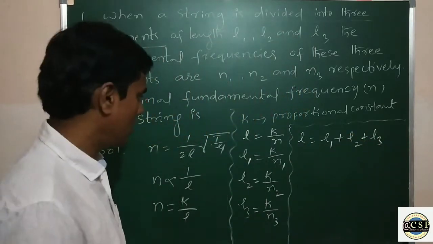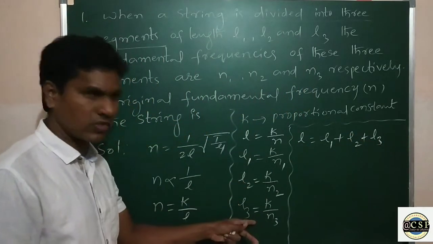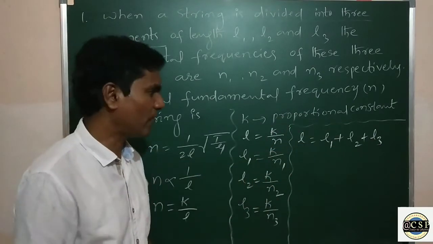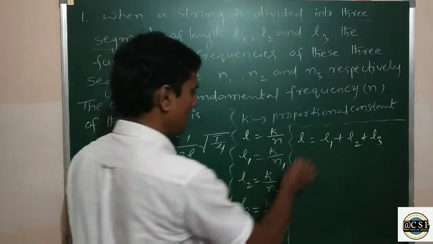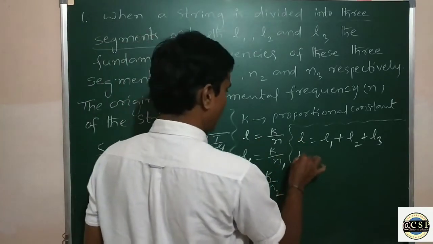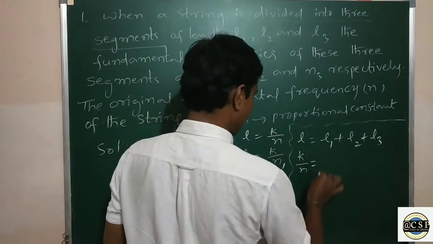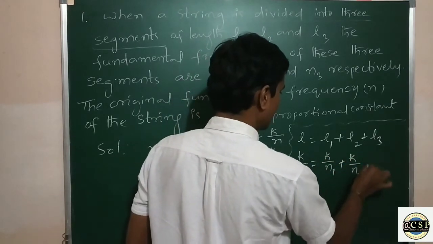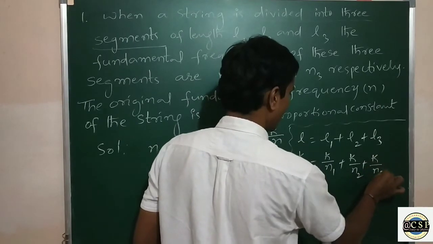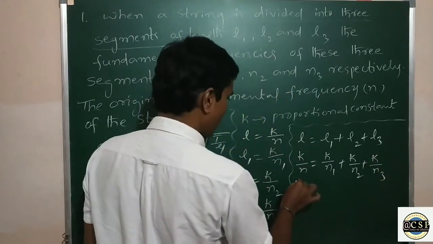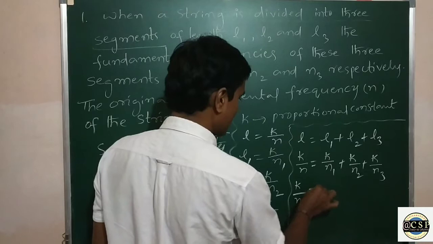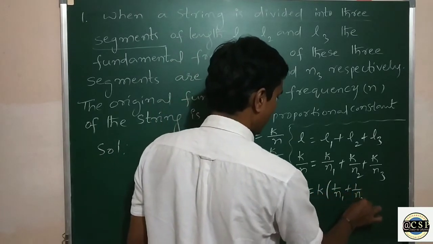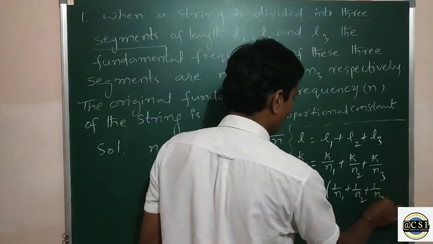We substitute these three formulas in the place of L1, L2 and L3. L is k by n, equal to k by n1 plus k by n2 plus k by n3. We should take k common: 1 by n1 plus 1 by n2 plus 1 by n3.